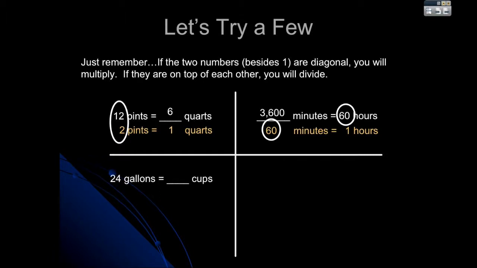Okay. So if there's 4 quarts, they equal 1 gallon, and there's 4 cups in each quart, how many cups are in 1 gallon? You've got 4 here, 4 here, 4 here, 4 here. Boom, boom, boom, boom. So how many cups would I have in 1 gallon?